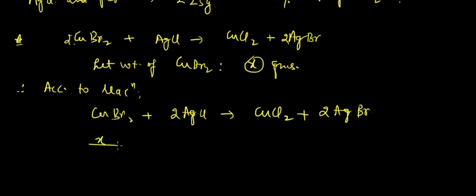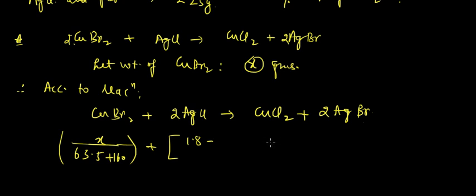The moles of CuBr2 would be x upon 63.5 plus 160, that's the molar mass of the CuBr2 compound. Plus we would have 1.8, which was the mass of AgCl that was given.